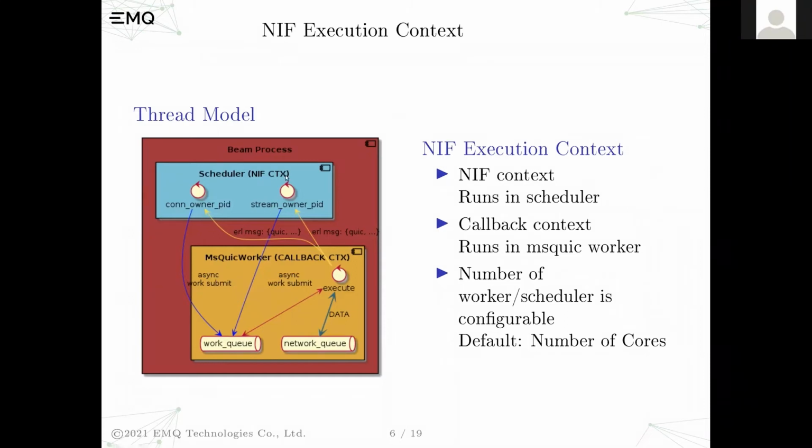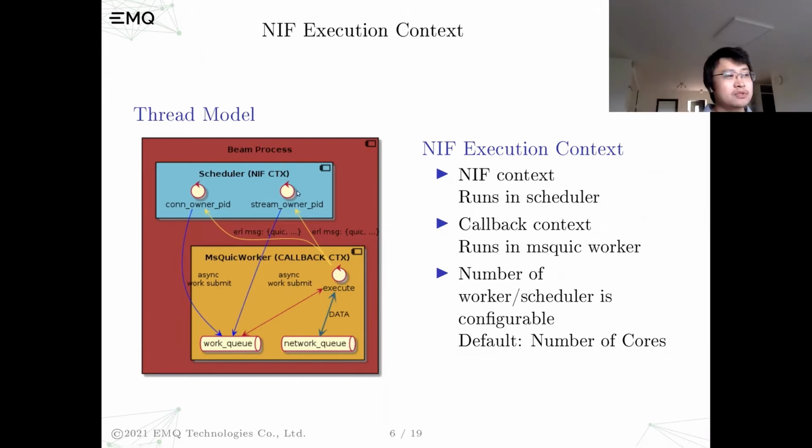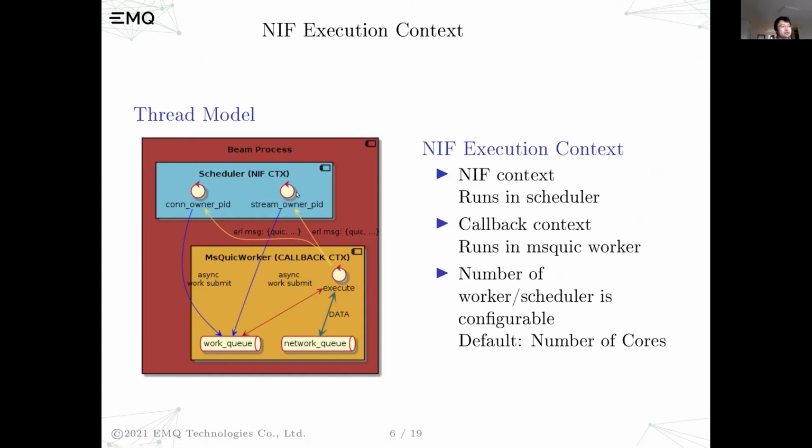The scheduler here is the Erlang scheduler thread, which schedules those Erlang processes. And you can see that we have those processes for connection and stream. They are connection and stream owners. And the yellow box is the MsQuic worker. They are spawned by the MsQuic stack.